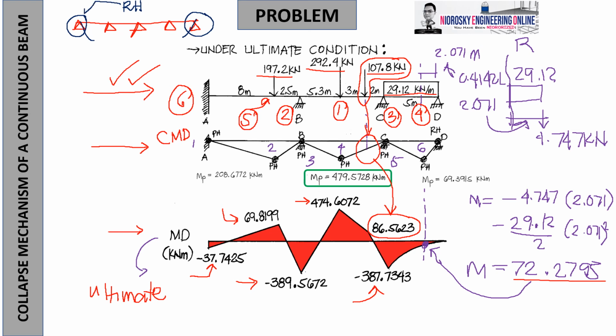Okay? So, yan po yun. And the rest are plastic hinges. Okay? At plus, the loads na i-consider mo, additional plastic hinges. So, that's how we identify the numbers of the plastic hinges and the real hinges.